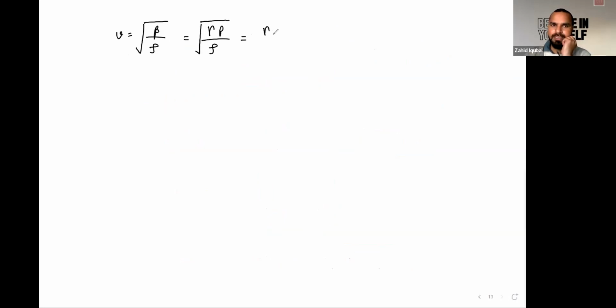Next is gamma P. Rho is mass divided by volume, root under. PV is nRT, so it will become gamma times nRT divided by m. So from this, we can say velocity of sound may depend upon different factors according to this relation.